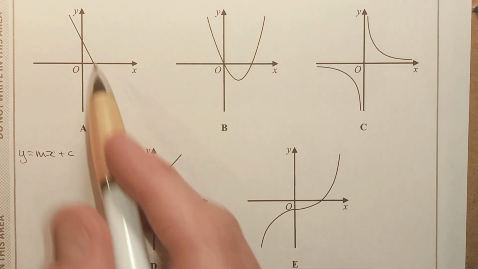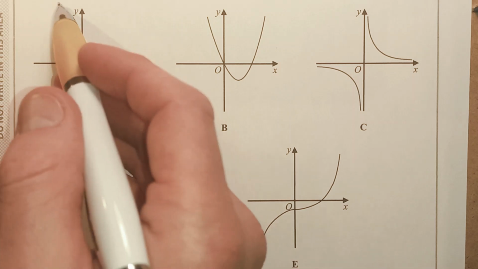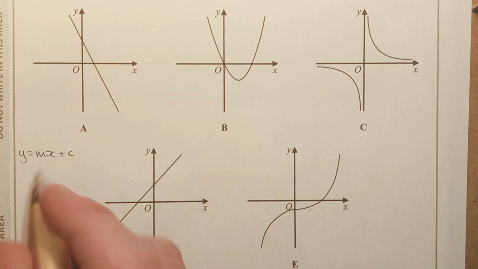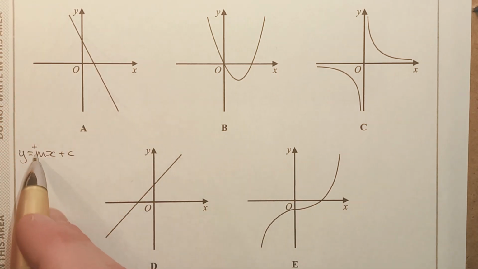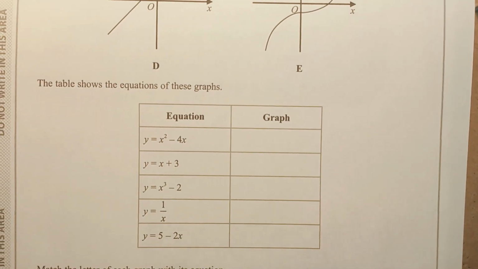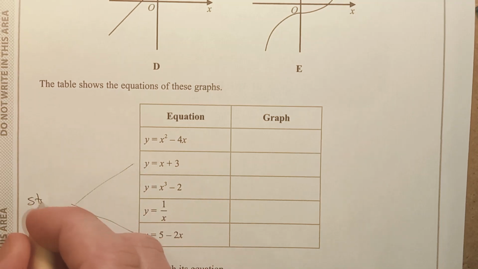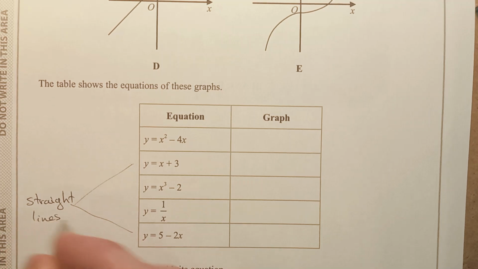Now, the only real or big difference between these two is the fact that this is sloping down, this is sloping up. So sloping up means that this should be a positive gradient, and sloping down should be a negative gradient. So let's see if we've got equations that look like those. Well, these two look to be straight lines because they've just got x.